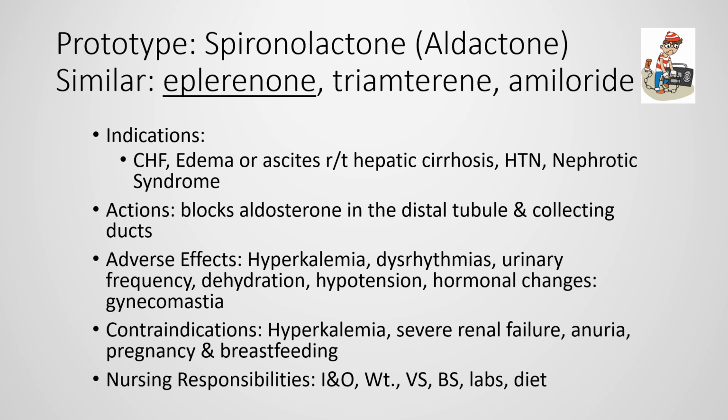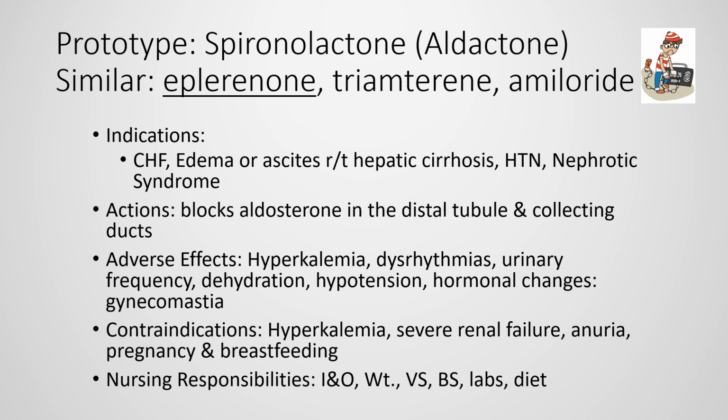Okay, so let's look at another group here, the potassium-sparing diuretics. Okay, so they're still diuretics, but what they do is they don't drain the system of potassium, which can be good and bad, depending on what other drugs they're on and other conditions that people have. So spironolactone would definitely be the prototype.